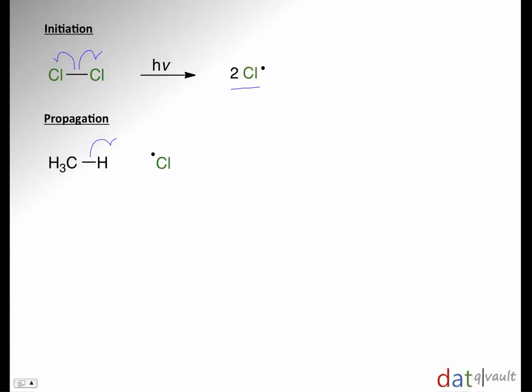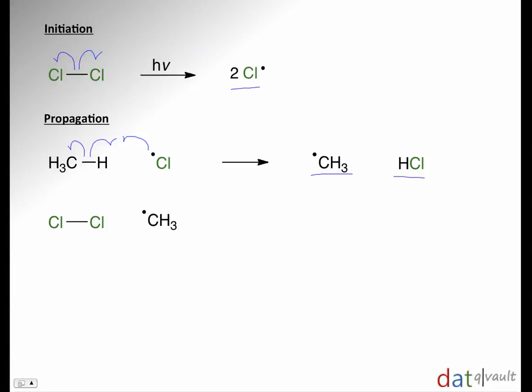One electron from this CH bond is going to react with the single electron of the chlorine radical, and the other electron in the CH bond is going to go to the carbon of the methyl group. Once this happens, we get our methyl radical here, and then we also get HCl as a byproduct.